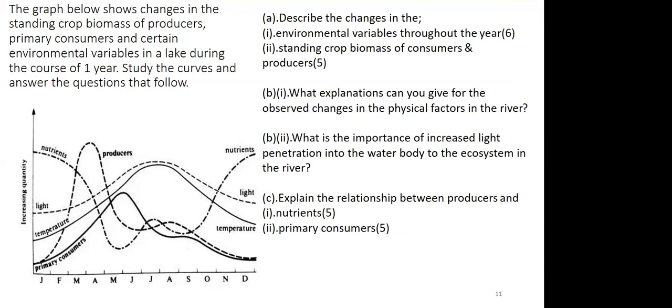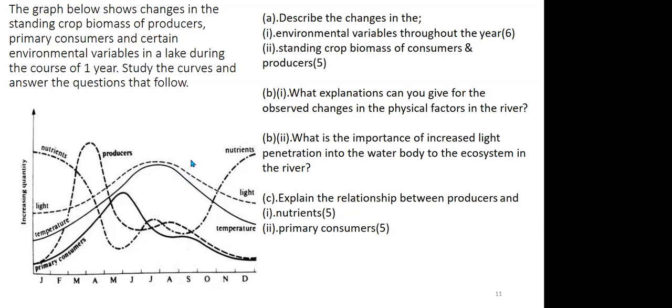Now during the rainy season, cold rain water will mix with the river water, causing it to cool down. Okay, so the times where we see that temperature is coming down, it means that there is a rainy season and the temperature of the water body is being cooled by the rainwater.